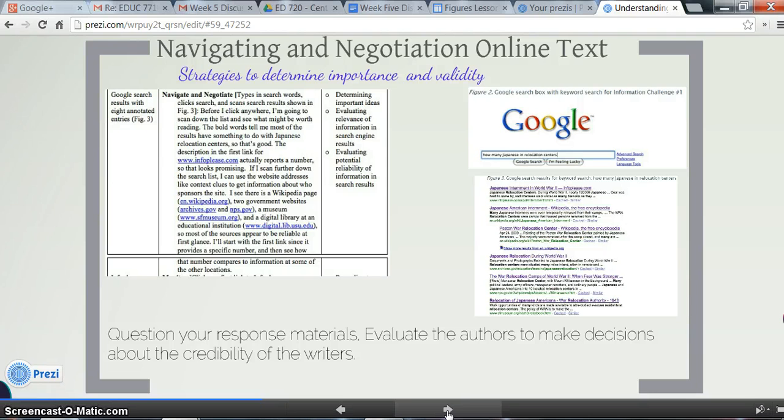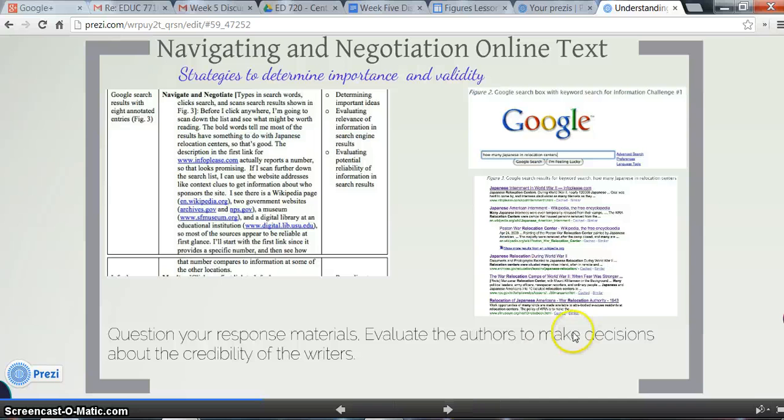Stage 2 or phase 2 would be navigating and negotiating online texts. And it is very detailed. Before you click the computer the very first time, think about what it is you're looking for, why you're looking for it.